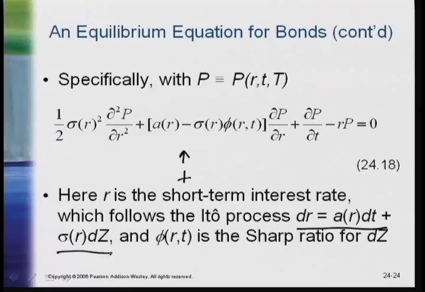Here, we started with a process for R, and developed a differential equation that every function of R must satisfy. So it's quite parallel. A process for S, a differential equation that every function of S must satisfy. Here we have a process for R and a differential equation that every function of R must satisfy.